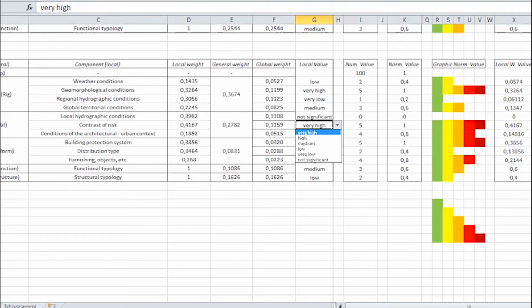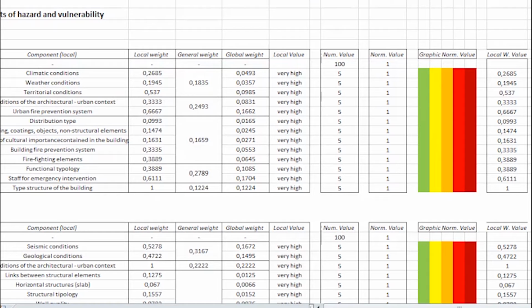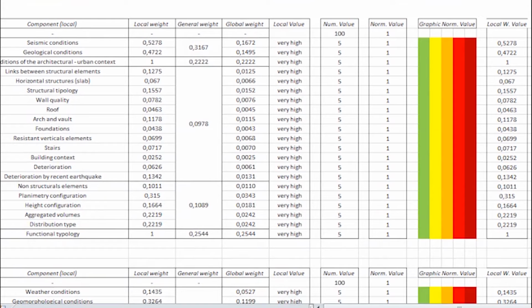The model is composed of two sheets. The first sheet is dynamic and it can be filled in by the user, also having the possibility to exclude some indicators from the evaluation without compromising the final synthetic index. The second sheet is static and it represents the maximum risk scenario, where all the indicators have the highest value.